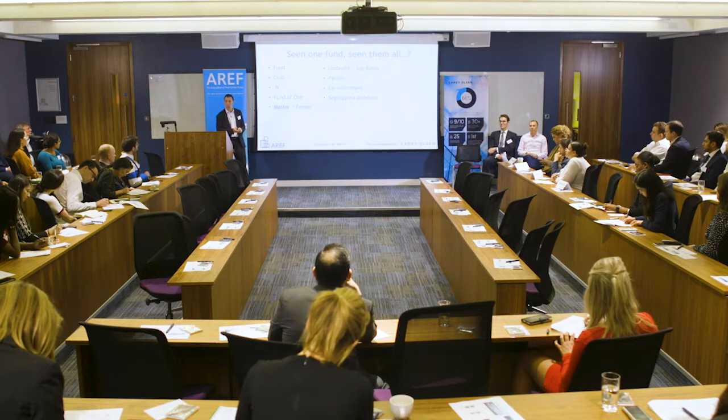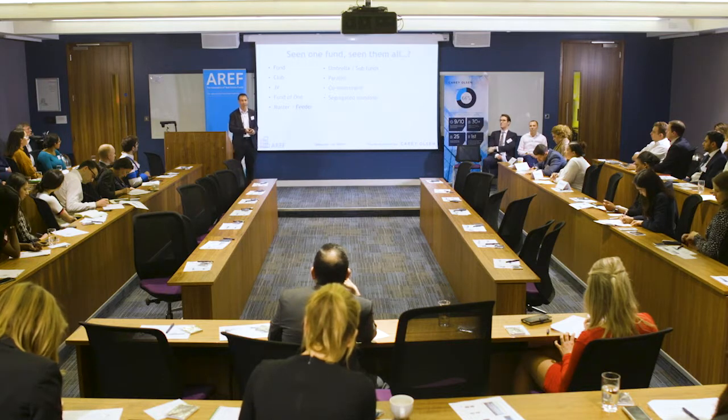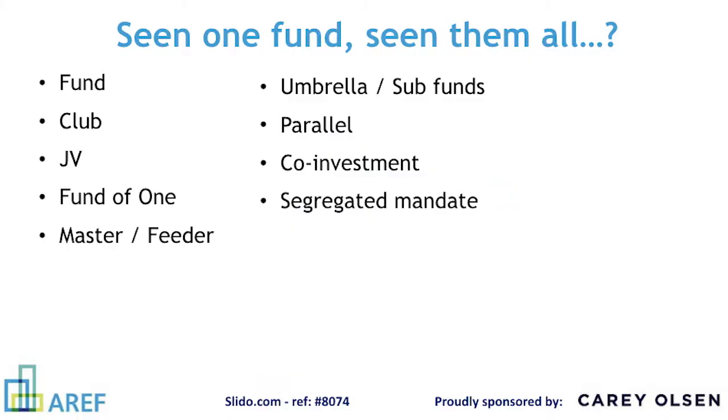Tax is usually the driver for the master feeder structure. And co-investments and parallels, again, you have your normal fund construct as per the previous arrangement. For one reason or another, a certain number of investors can't use that. You create a second one, and they invest in parallel. So all those are simply add-ons to the main idea of a fund.